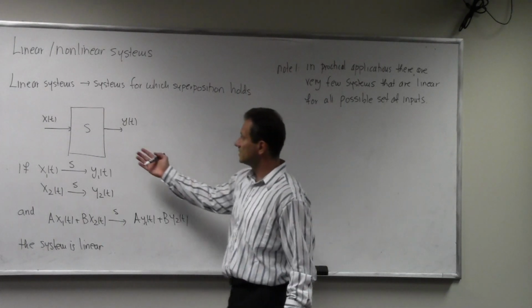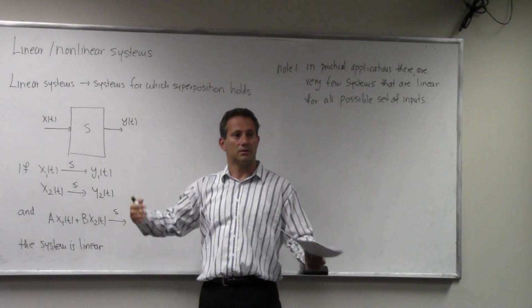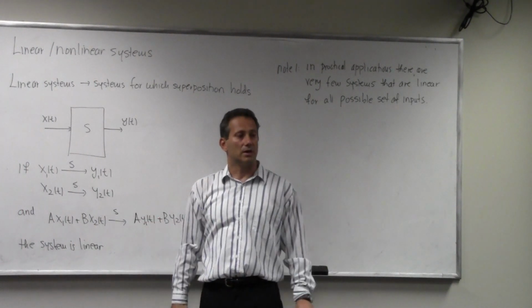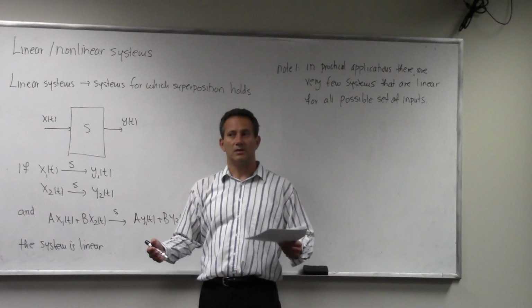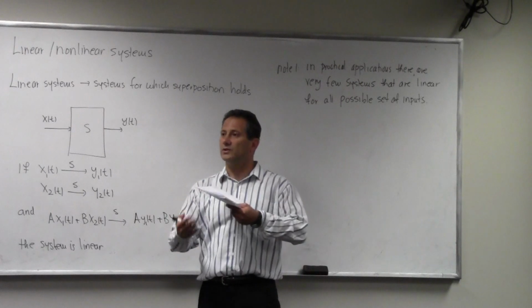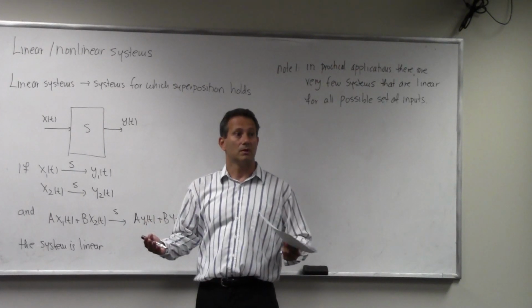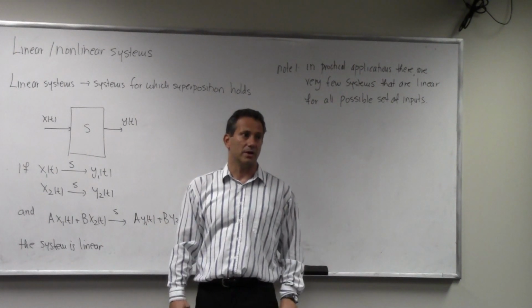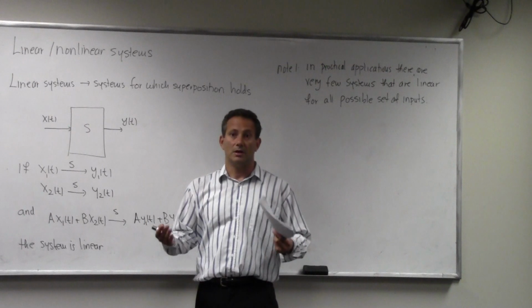Let's say this S is a linear amplifier. You take the sum of two signals, you get the sum of the two amplified. But this only holds for a certain range of input signals. If one of them becomes too powerful, then the amplifier gets out of its range. And that's the case with a lot of systems.